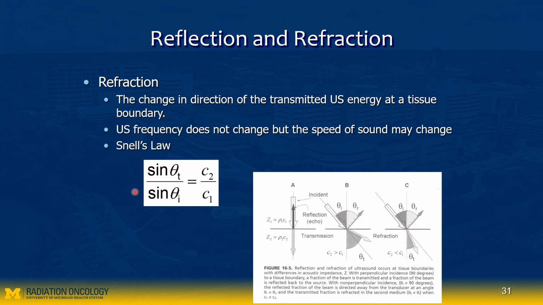There is this physics, Snell's law, that can help us quantify how much will be reflected or refracted. I don't expect you to remember this, but just remember there's reflection and refraction going on when you send sound through the probe of the ultrasound.